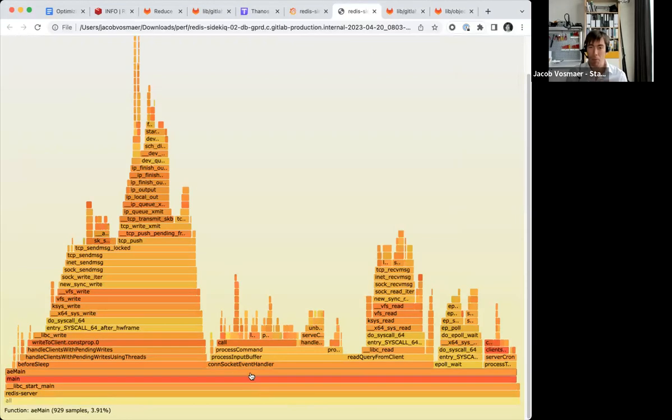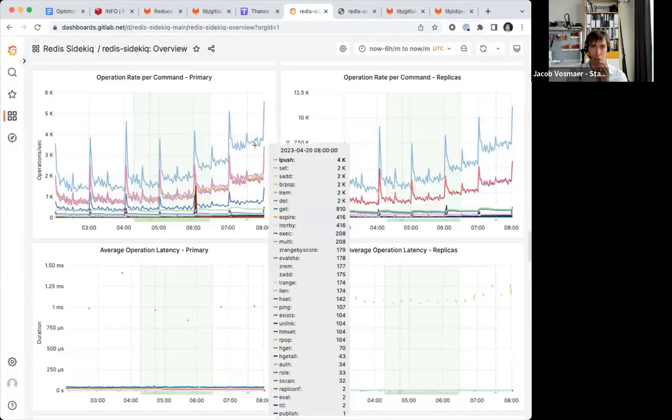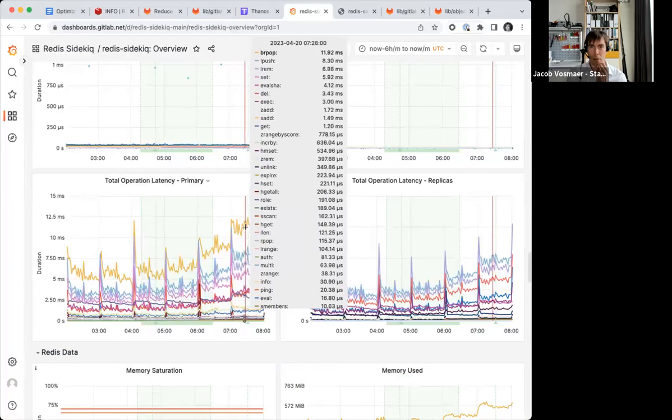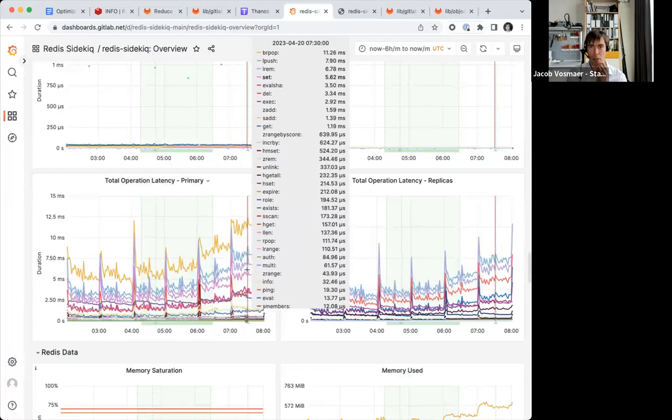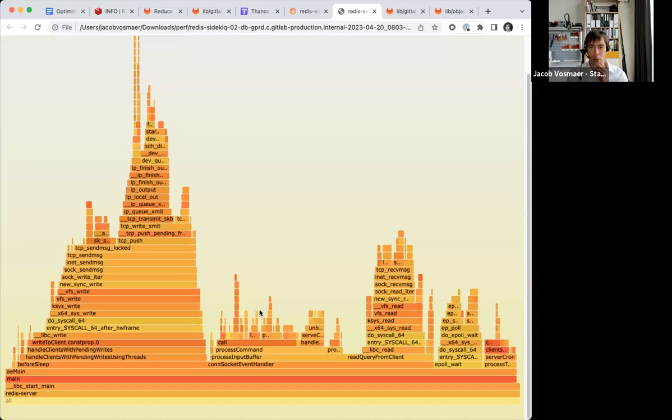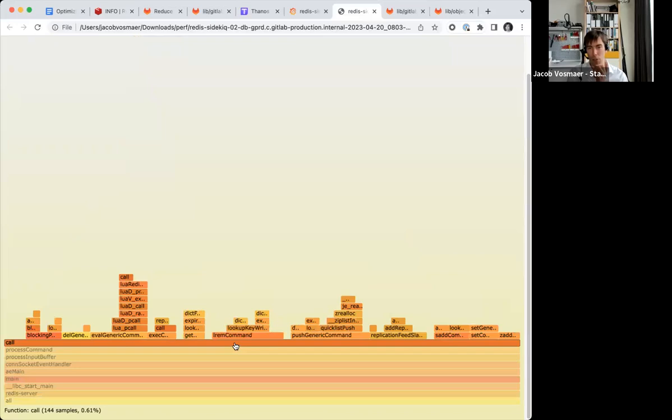But what I wanted to say about the metrics, so this command duration total, where is it? Here, this total operation latency shows time spent in BRPOP, LPUSH, LREM, SET, and oh, now Zoom is blocking my tabs. So that corresponds to this thing here, call, which is the function in Redis which handles individual calls. So here you see time spent doing an LREM, doing a push, doing an eval, doing a blocking pop.